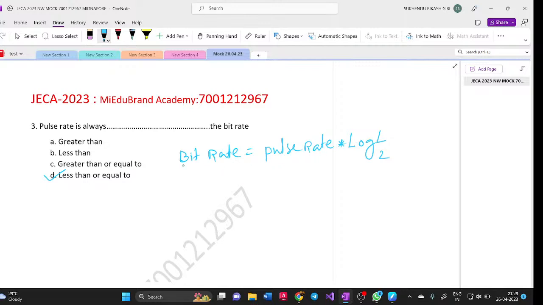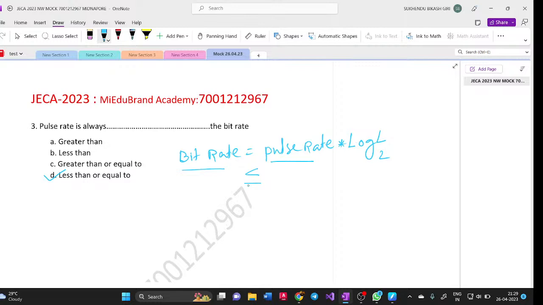So the bit rate is always greater than or equal to pulse rate. So reversely we can say that pulse rate is less than or equal to bit rate.